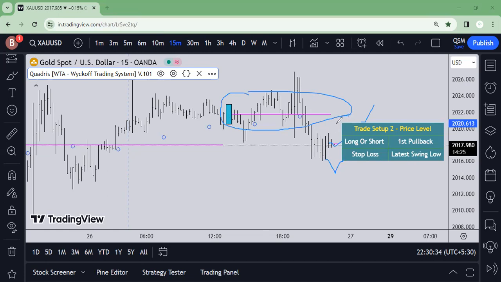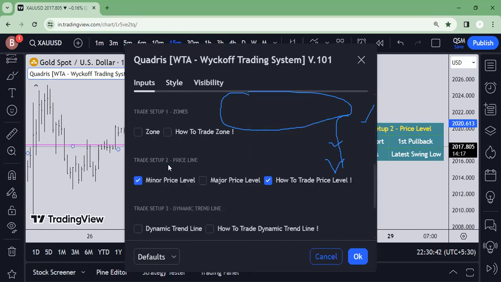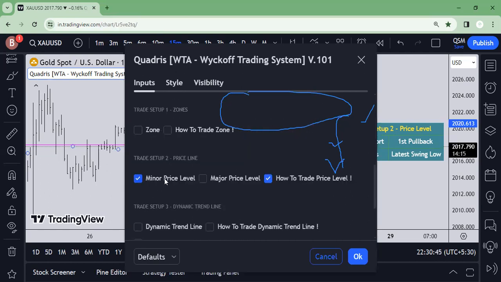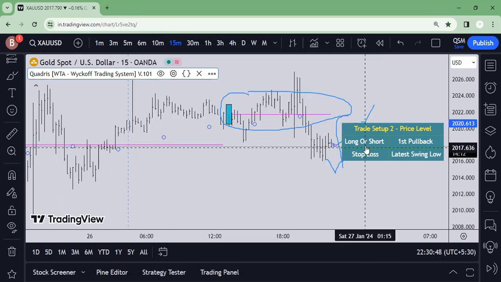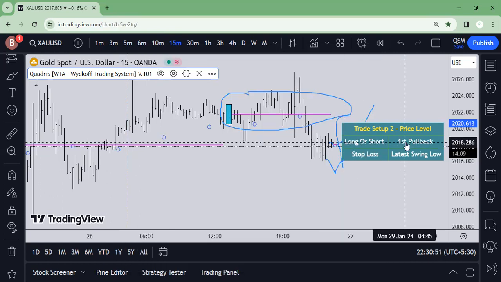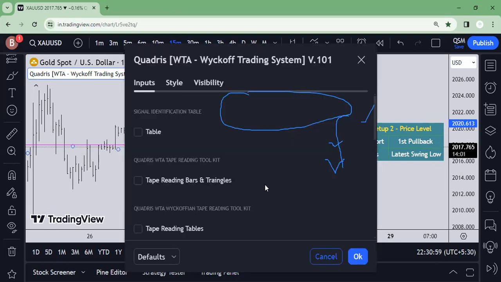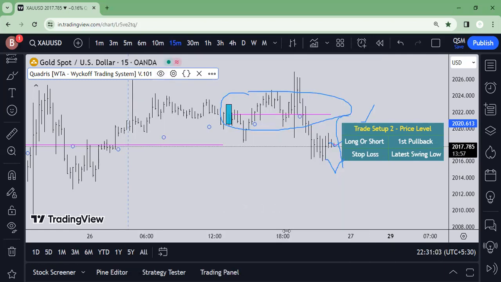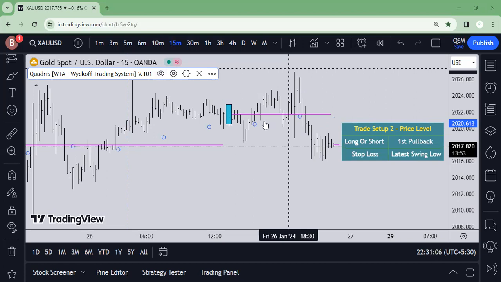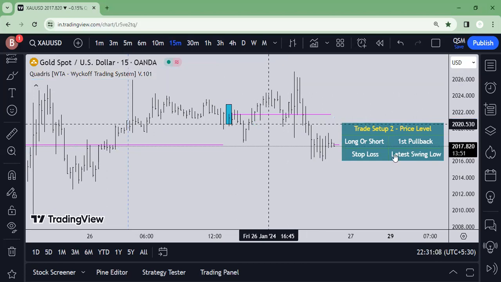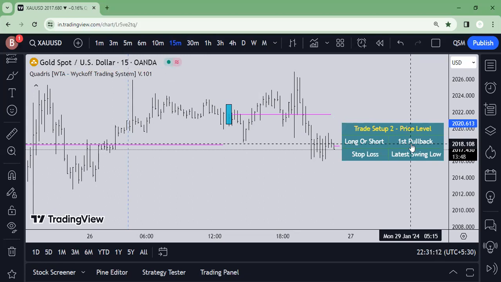So whenever you are using this, for example, we have used minor price level. So in minor price level, what should be your trade setup which you should be looking out for? And second thing, what should be your stop loss? And your reward would differ from person to person. Some might take 1:3, 1:2, 1:4, 1:5 based on my risk. So here it is suggesting to trade the first pullback.